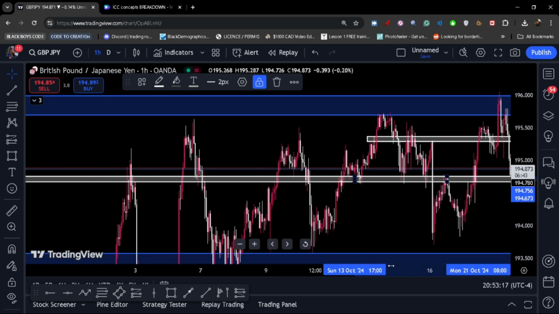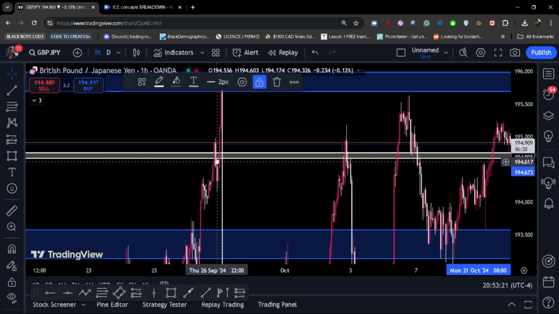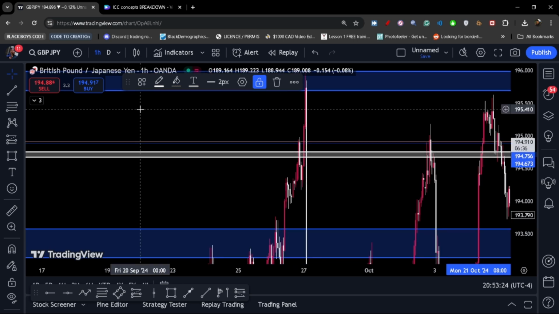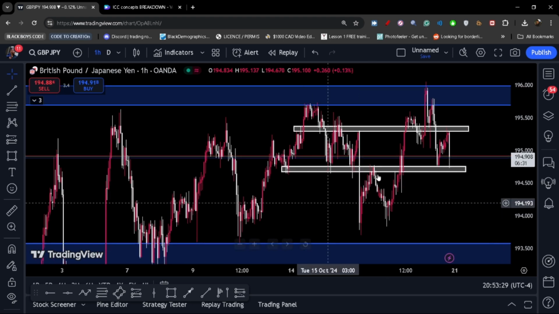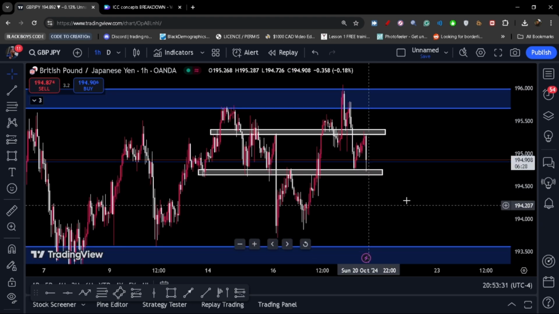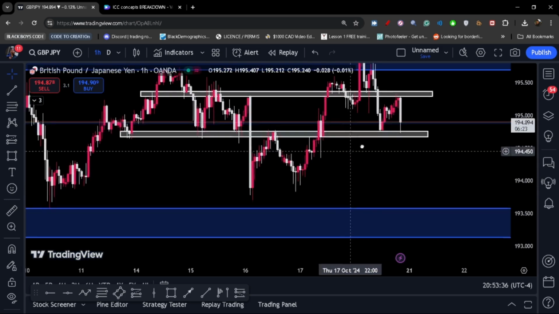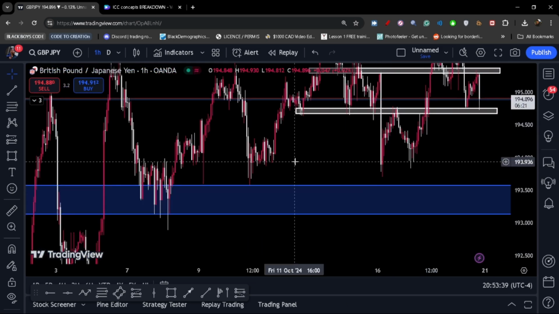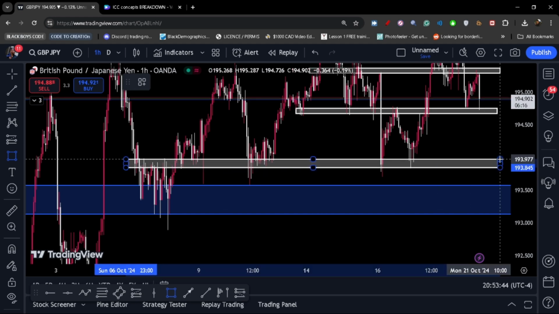You can clearly see price reacting from this area, and then this is where it stopped reacting. So essentially this area of interest is very new, and let's see how long it will hold. That's what I was marking up, and my last area of interest was this one. This is what I was looking at.